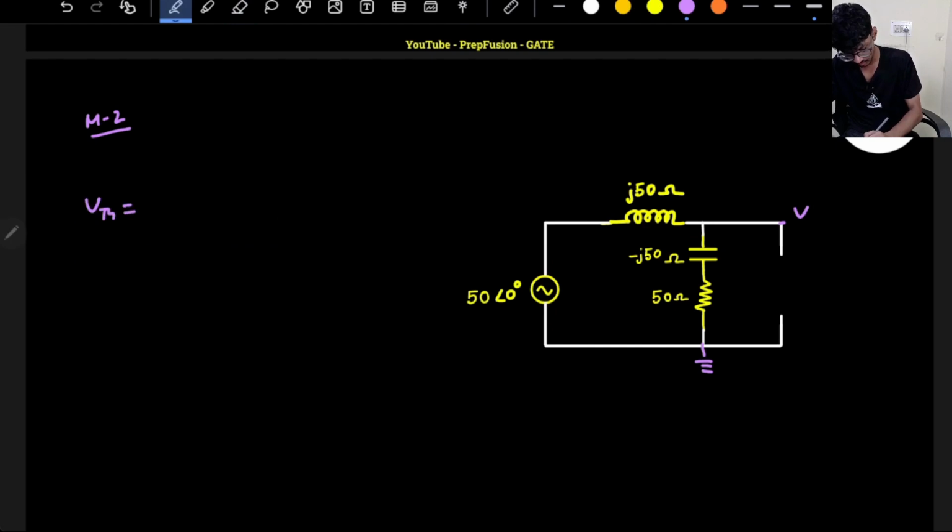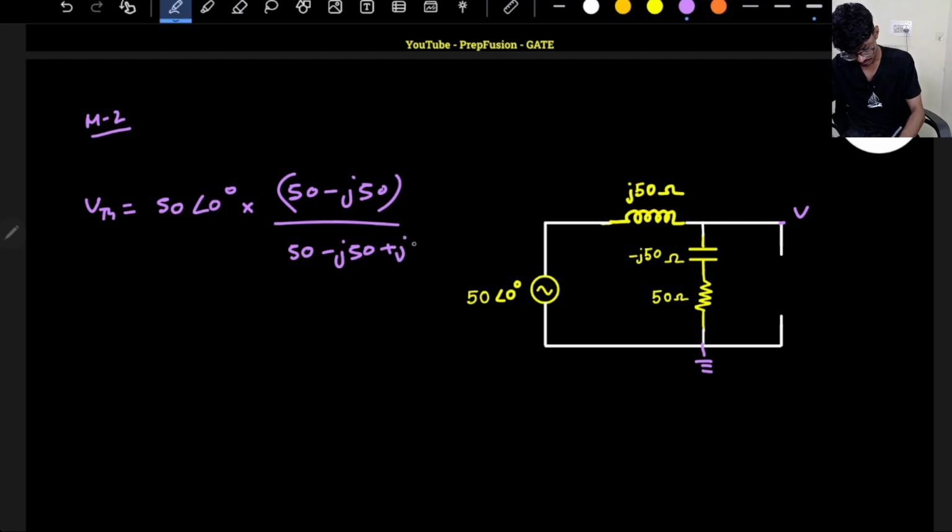So VTH will be equal to 50 angle 0 into the impedance across the load, into this addition, 50 minus j50 plus j50.